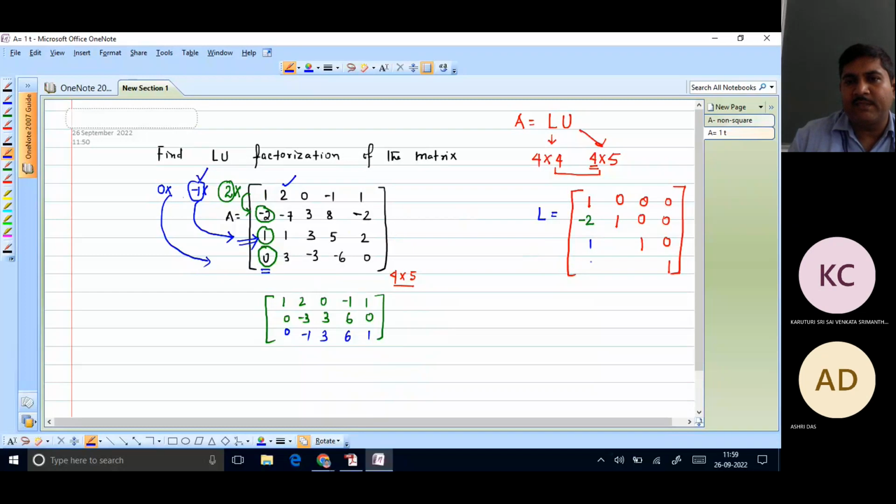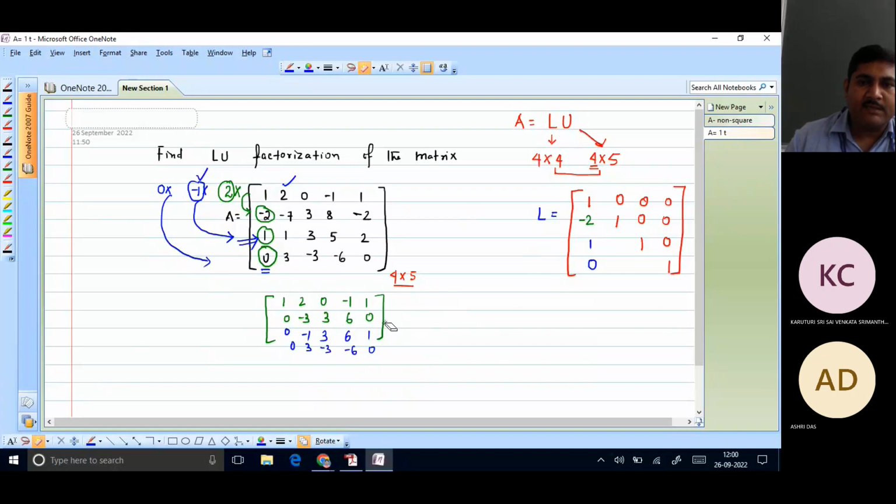So I am getting here 0 and this is my matrix. So I will write here the elements. The elements are 0, 3, -3, -6, 0. So all elements I have written here.